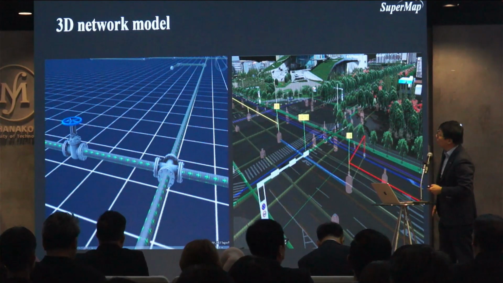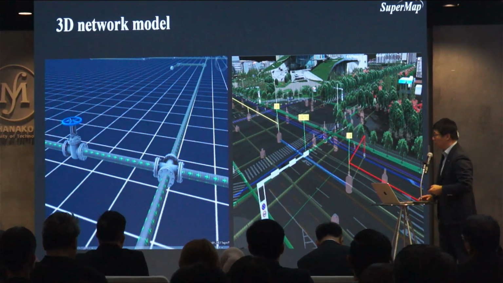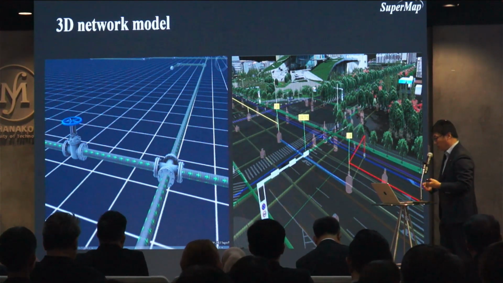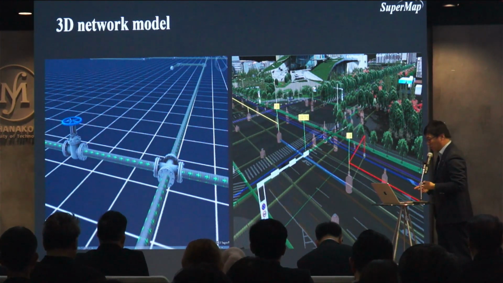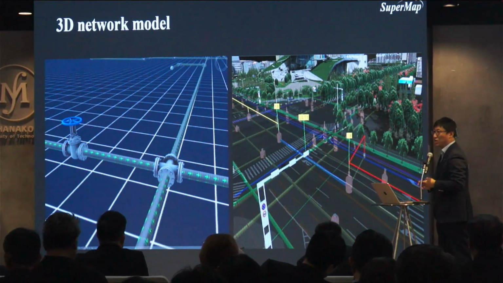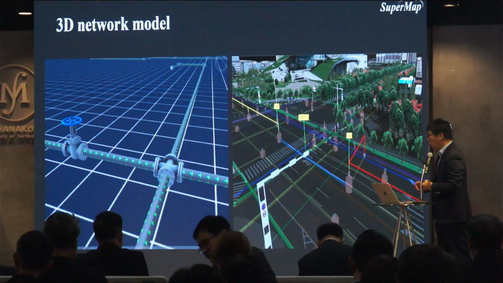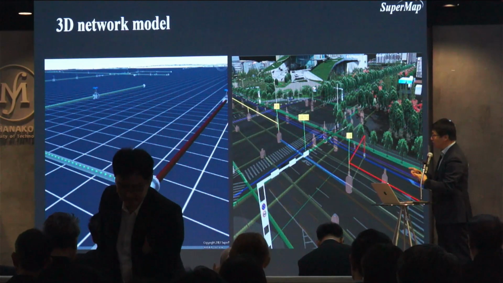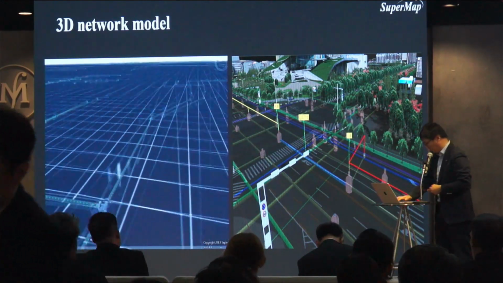We use the 3D network model to represent 3D underground pipes, using this topology to perform analysis such as stress analysis and to find the shortest paths between different points.